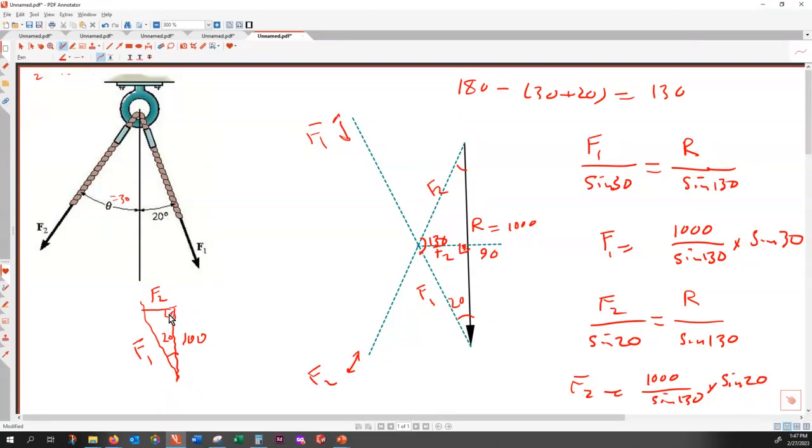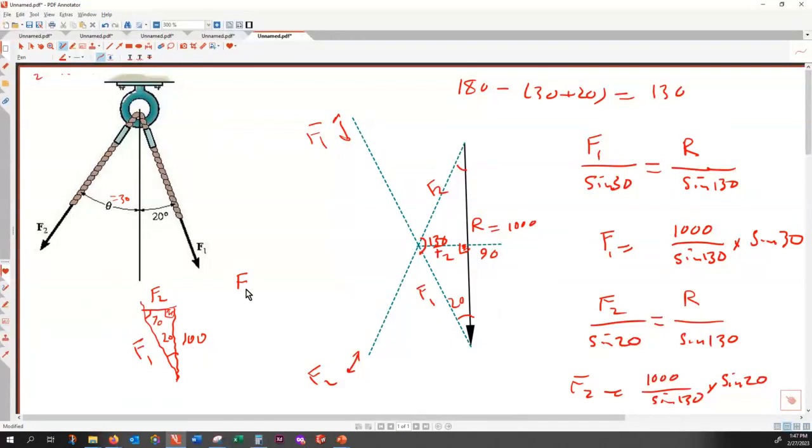So in that right triangle, how do I solve this triangle? 20 plus 90 is 110. 110 take away from 180, that's 70. Now that I have 70, I can calculate what I want.